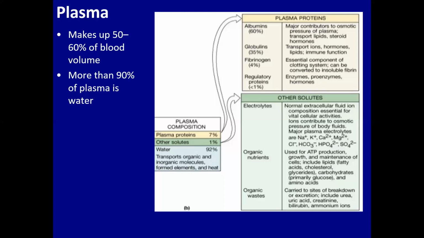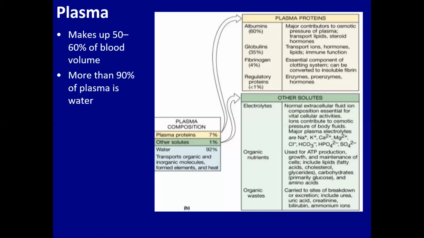When you look at the other solutes, which is 1%, it's crazy to think about this, but electrolytes are part of that 1%, and we know how incredibly important our electrolytes are. Sodium, potassium, calcium, magnesium, etc. We have organic nutrients that are necessary to make ATP. If you don't have ATP, you're not here. And it also has what's necessary to maintain cells.